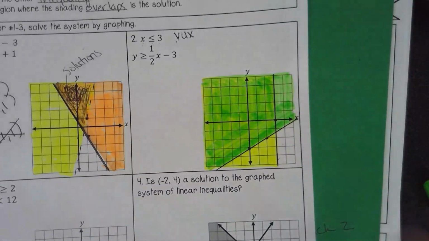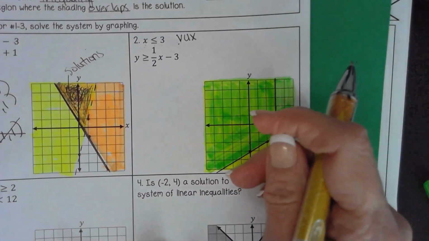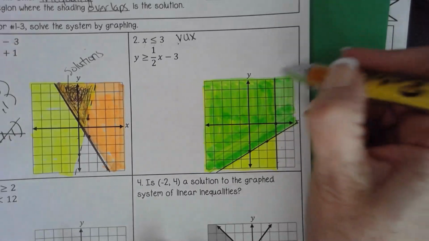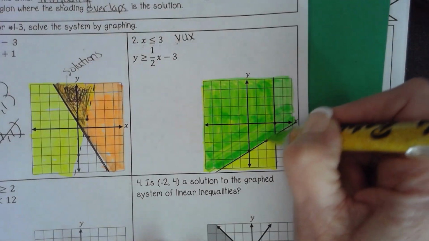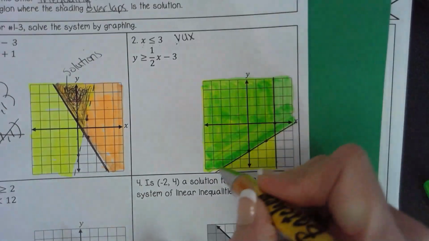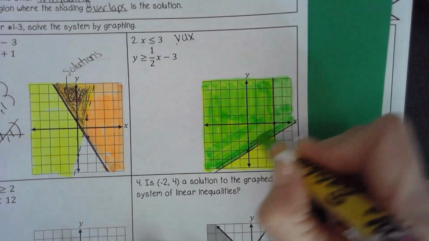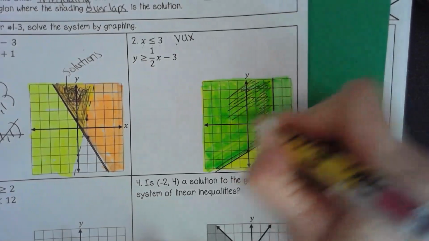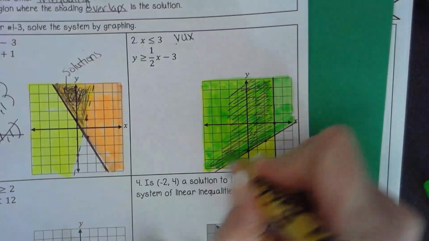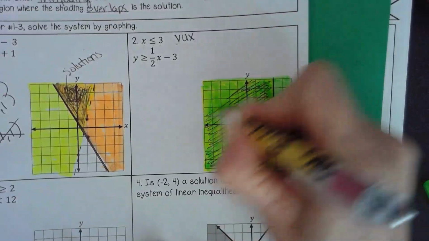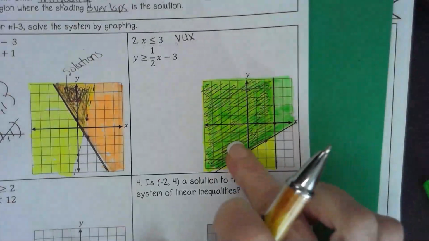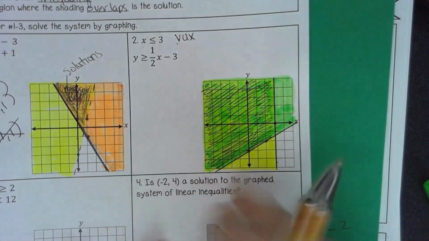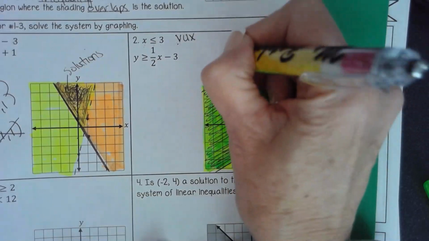Now, so where is the region where all my solutions lie? Well, the overlapping starts over here, down here, and it's all of this. So the region where I shaded with my pen is where the solutions are.